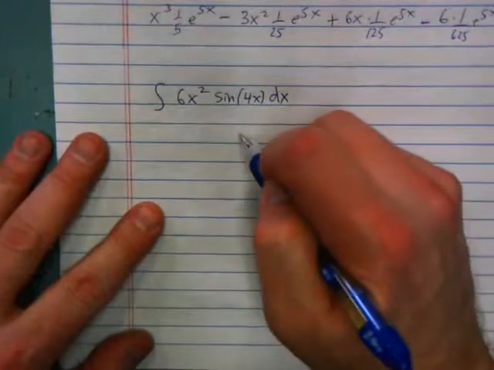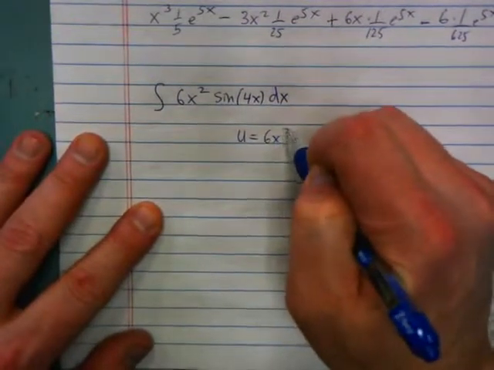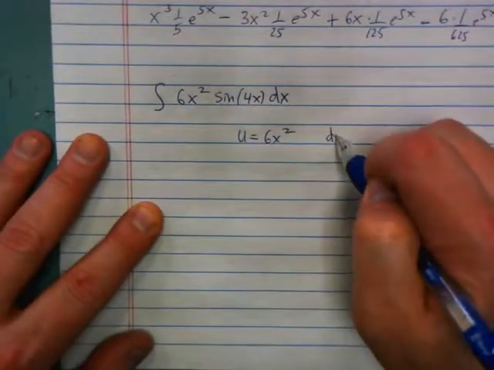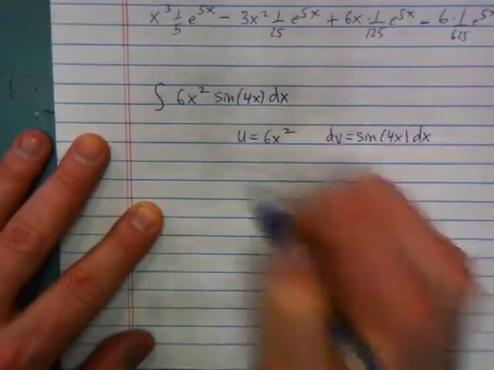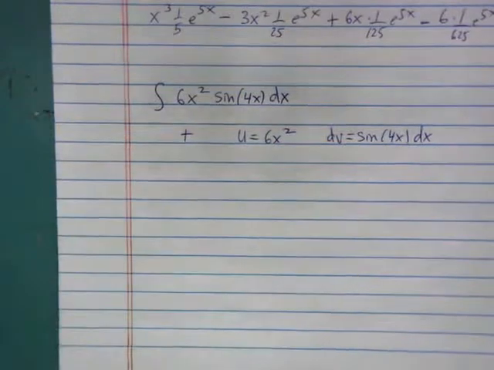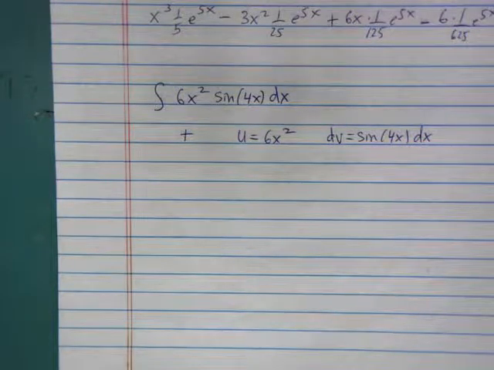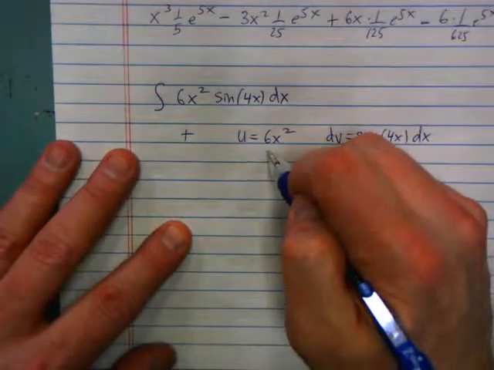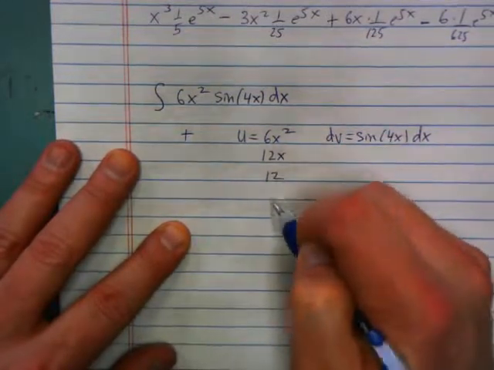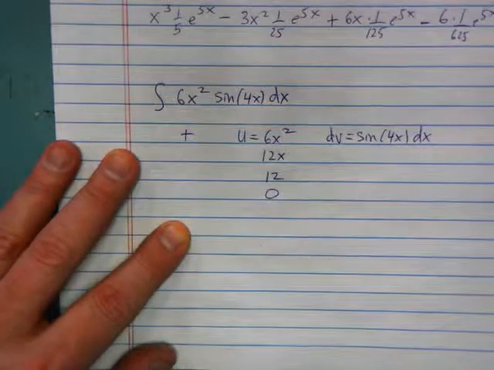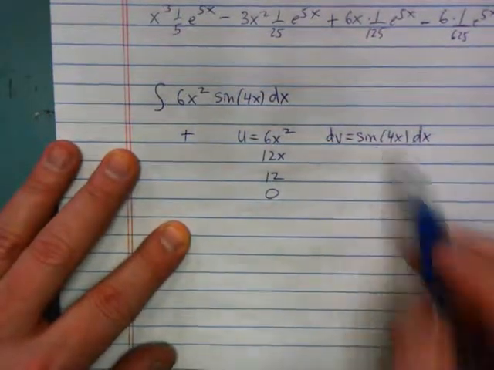I would start with u equals 6x squared, and dv is sine of 4x dx. And that one gets the plus. I take the derivative. The derivative of 6x squared is 12x. I take the second derivative. I get 12. The next one is 0. I get to stop. Over here I integrate.